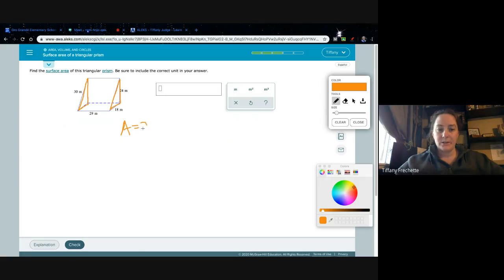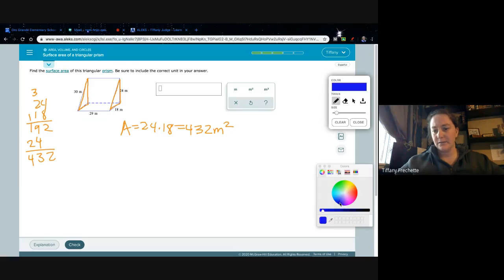So I'm going to do 24 times 18 equals, what do we get there? 24 times 18, and we get 32, 16, 17, 18, 19. We get 4, and we get 2. Then I'm going to add straight down here, and I get 432 meters squared.